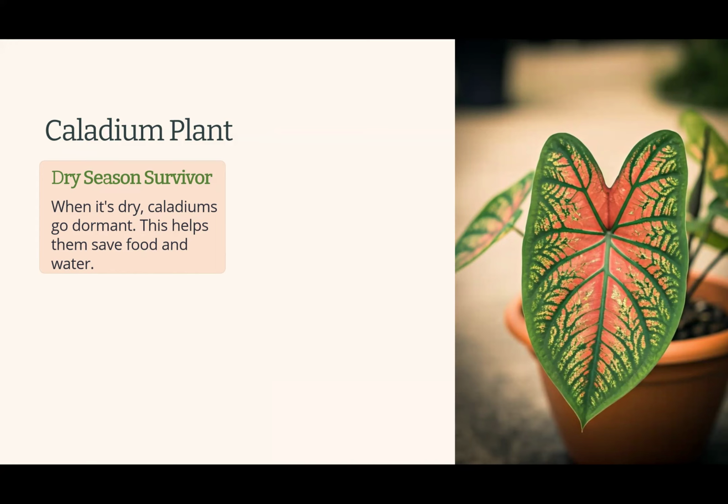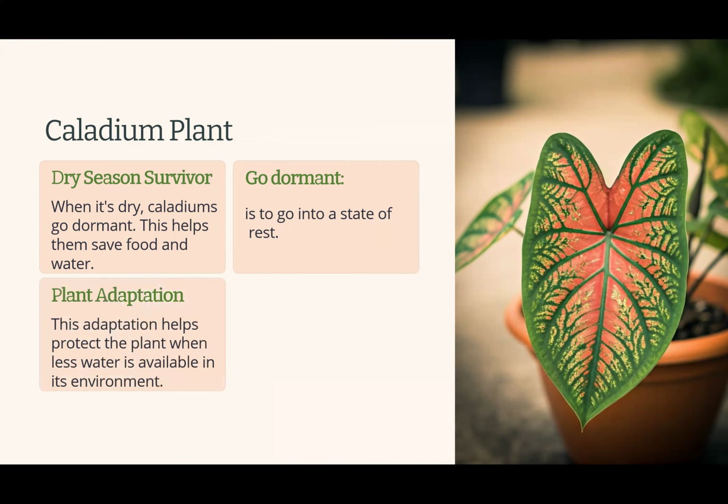This is also happening with the plants, but we don't call it hibernate, we call it go dormant, or dormancy. So, to go dormant is to go into a state of rest.